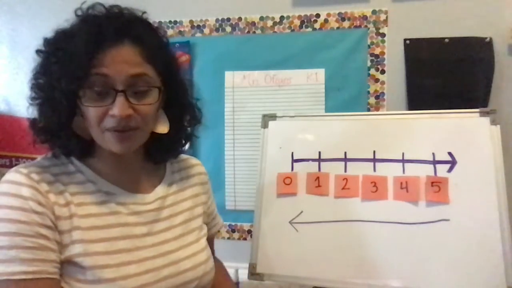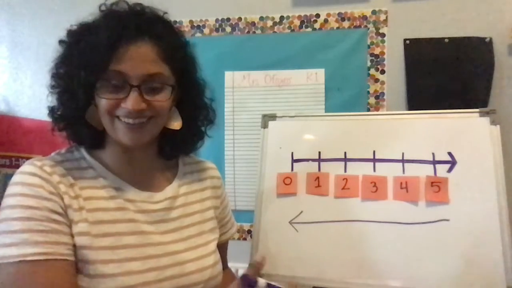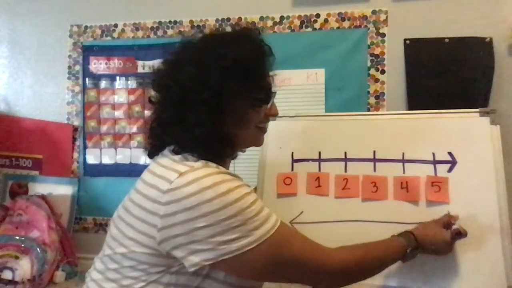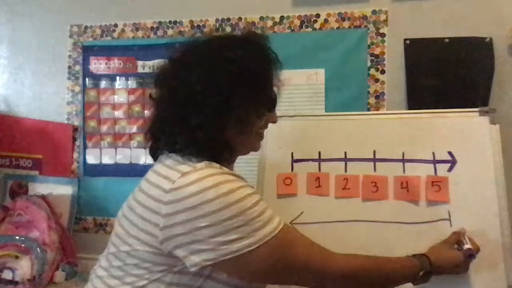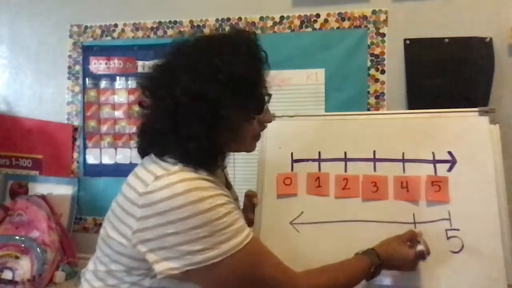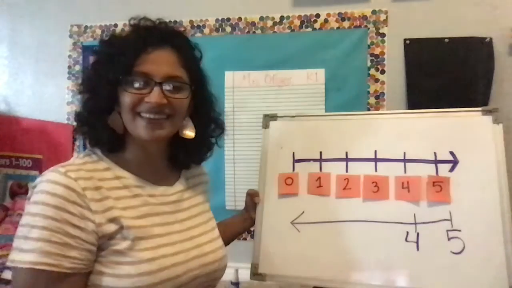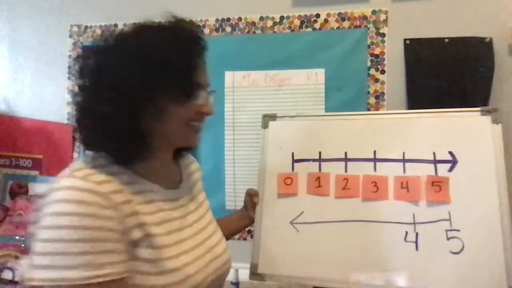Are you ready to count the numbers backwards with Miss Orozco and help me add them to my number line? Okay, ready? We start here and we start with, you're right, 5. What comes next, friends? 4. Can you help me with the next one?